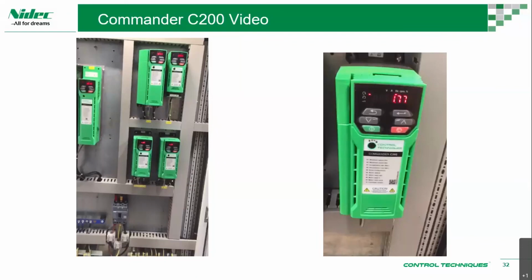So if you have a broken Commander C200 in the panel, the motor parameters and all the parameter settings are also inside the function block in the control PLC. So we don't need to commission the VSD, just change it with the new one.